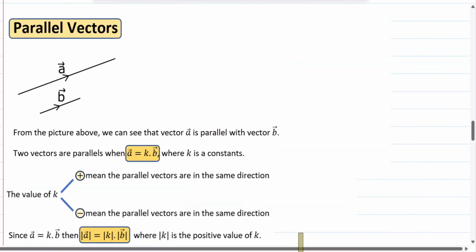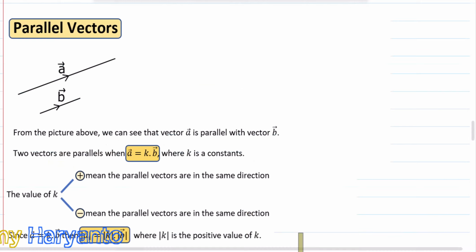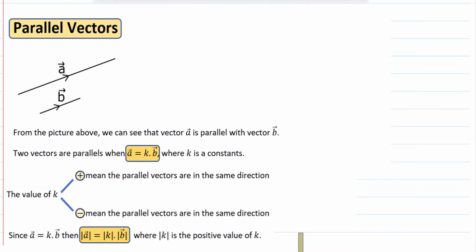Okay, next is parallel vectors. Parallel vectors are two vectors for which the direction is the same but the magnitude is not. Because the magnitude is not the same, that means there will be a ratio.